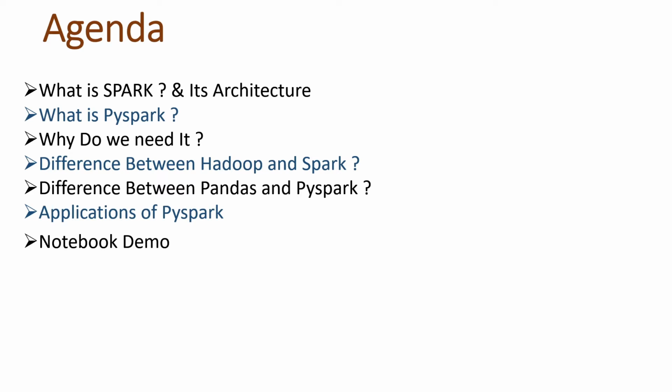Difference between pandas and Spark, maybe this I will take in a different video. Application of PySpark and notebook, so our notebook demo. Okay, so this will be the agenda for this tutorial on Apache PySpark, and we will see it in coming videos.